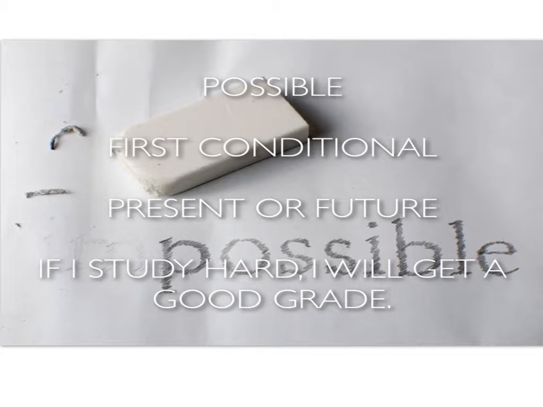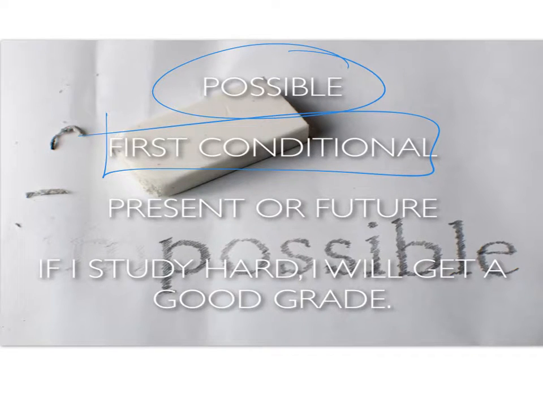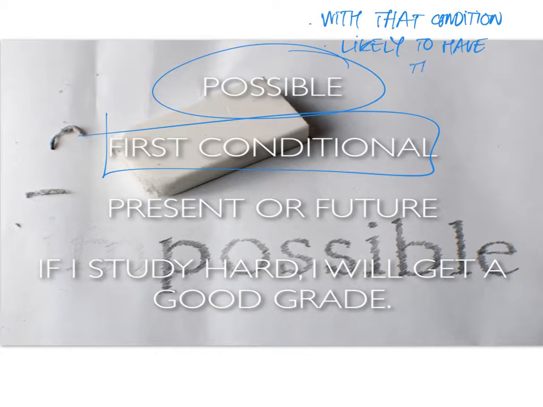Next, after zero, we have first conditional. We use it for possible things. What does possible mean? It means that with certain conditions, it's really likely, meaning probable, to have that result.